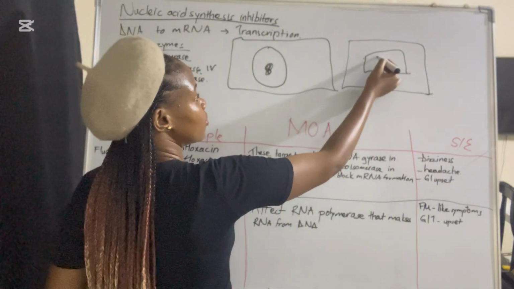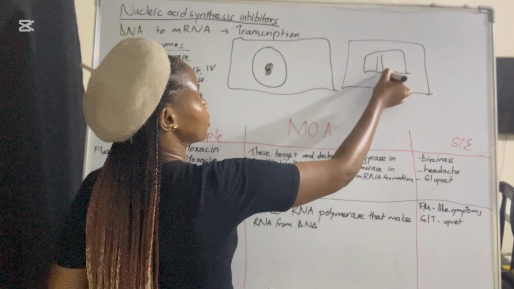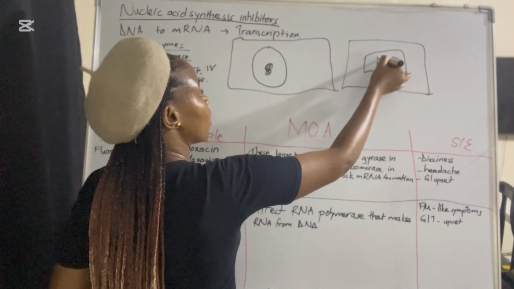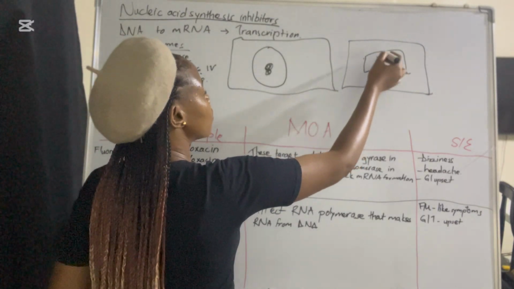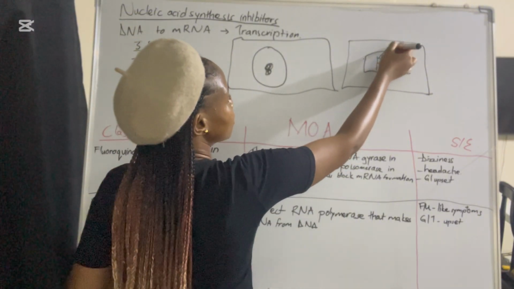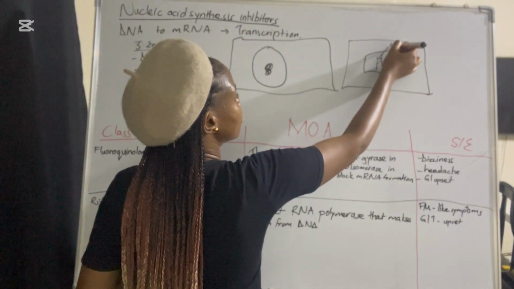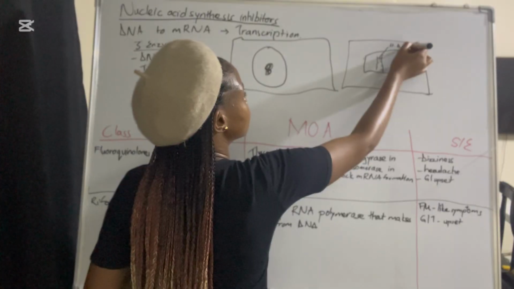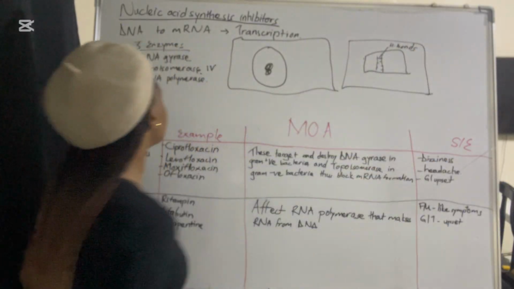DNA gyrase is the one responsible for unwinding the genetic material to expose the hydrogen bonds.